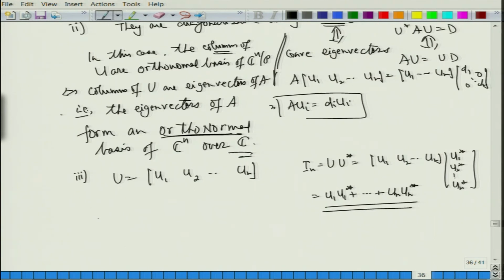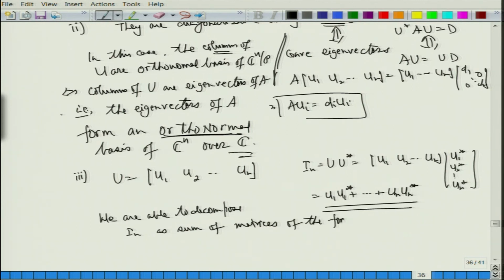So we are able to decompose I as a sum of matrices of the form Ui Ui star. Fine. Let me write this as Pi.